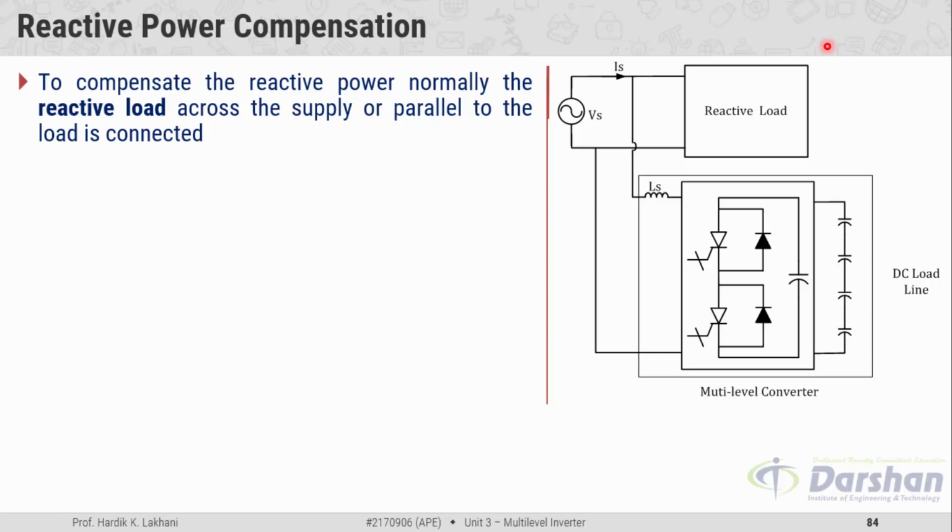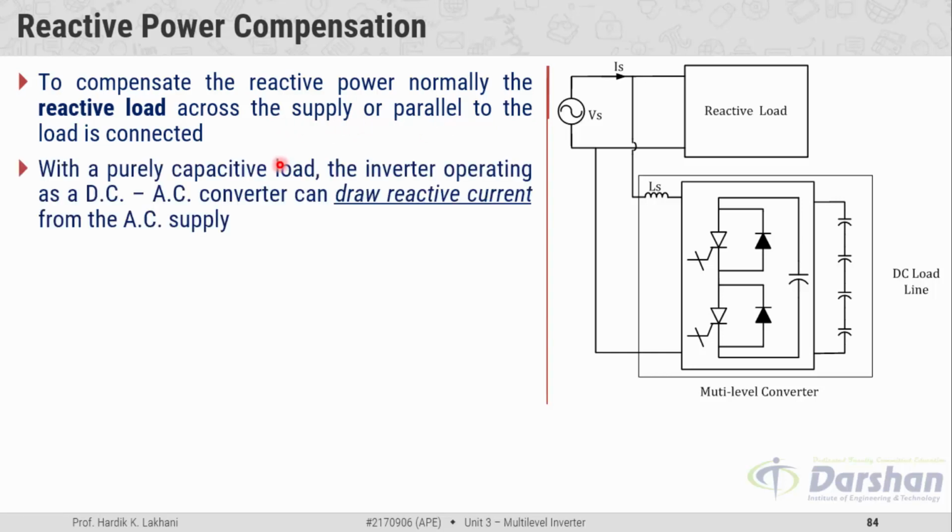To compensate the reactive power, normally the reactive load is connected across the supply or parallel to the load. With a purely capacitive load, the inverter operating as a DC to AC converter can draw a reactive current from the AC supply.